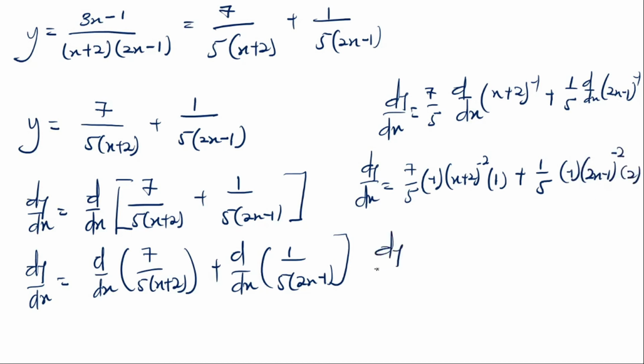So it means our dy/dx is now equal to, if we use 1 to multiply -1, we get -1 multiplied by this, we get -7/5 into (x + 2) to the power -2. Now plus, if we use 2 to multiply -1, we get -2 multiplied by this, we get -2/5 multiplied by (2x - 1) to the power -2.